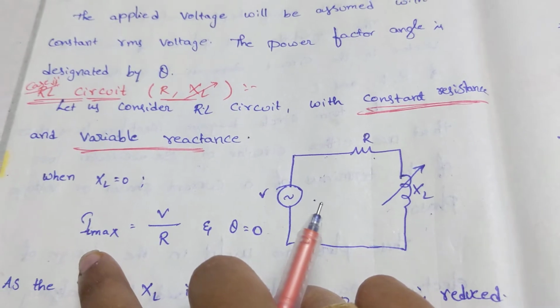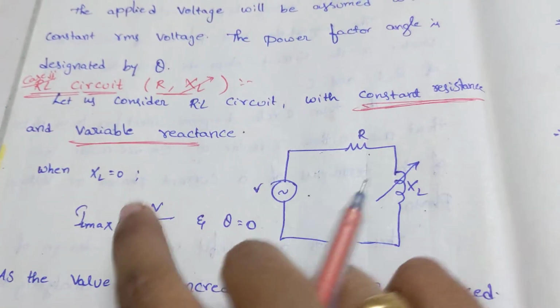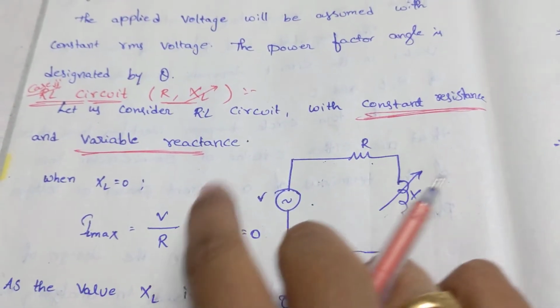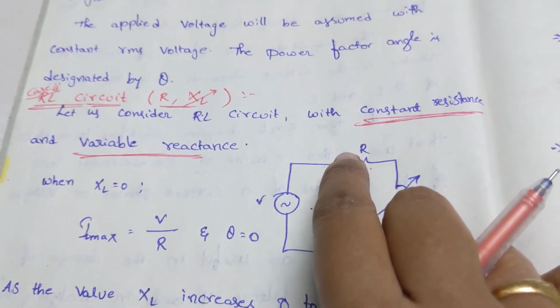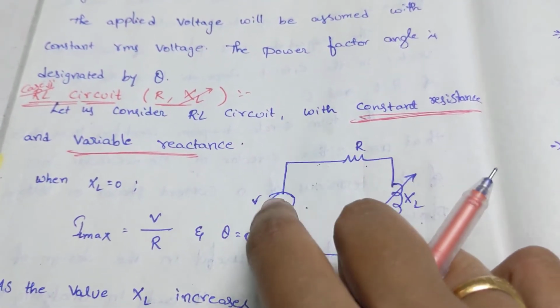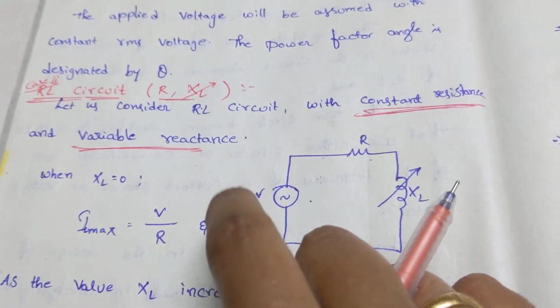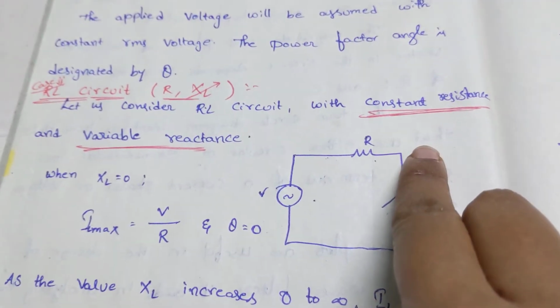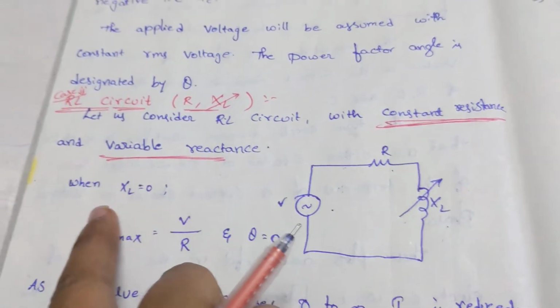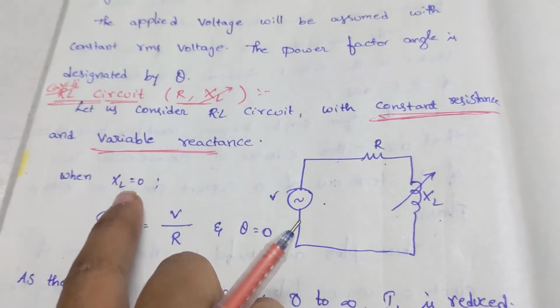The current flow depends upon your resistor element, so it is V divided by R. Since it is a resistive element, there will not be any phase difference between your voltage and current, so the power factor angle will be 0. This is case number 1, when XL is 0.